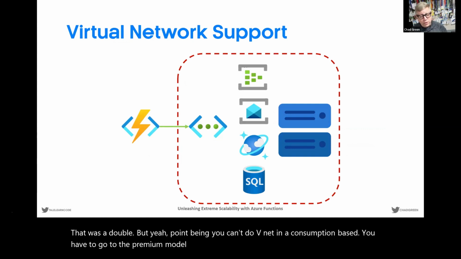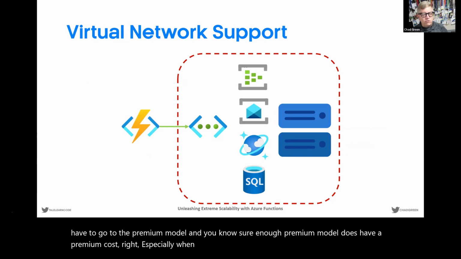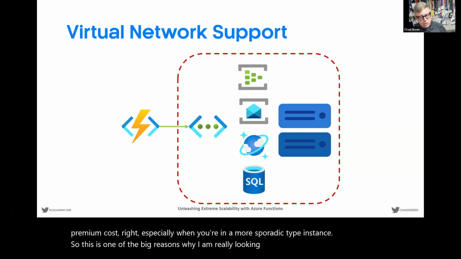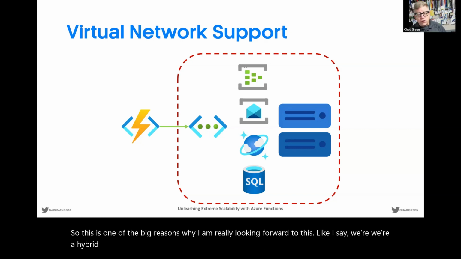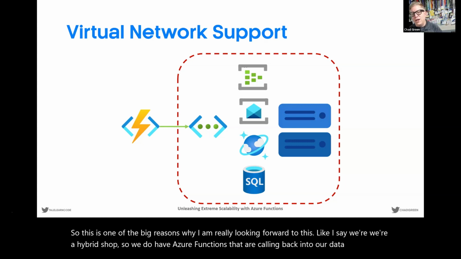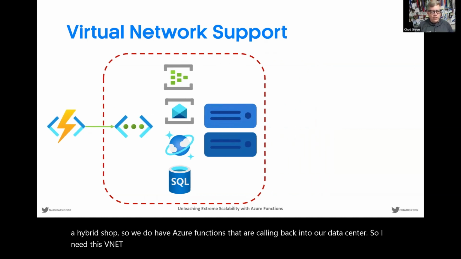And sure enough, the premium model does have a premium cost, especially when you're in a more sporadic type instance. So this is one of the big reasons why I'm really looking forward to this. Like I say, we're a hybrid shop, so we do have Azure functions that are calling back into our on-prem data center. So I need this VNet support, and I'm really looking forward to being able to use this.